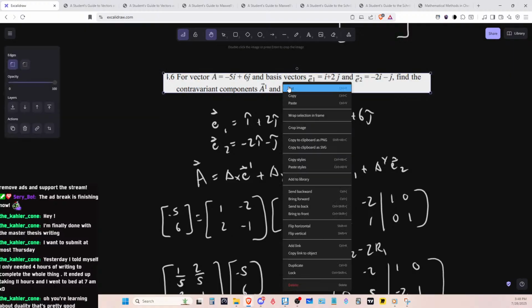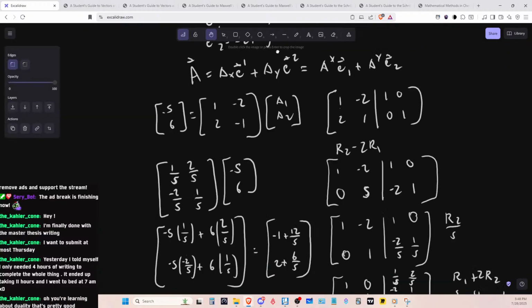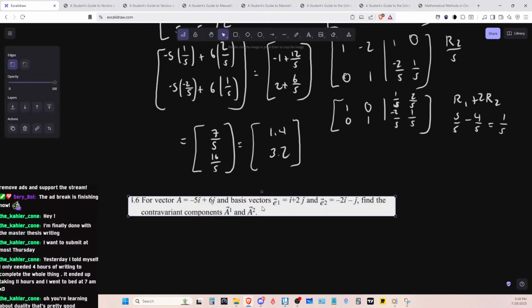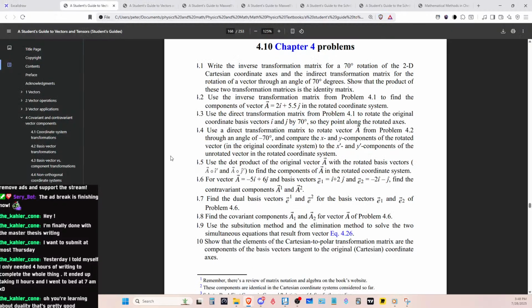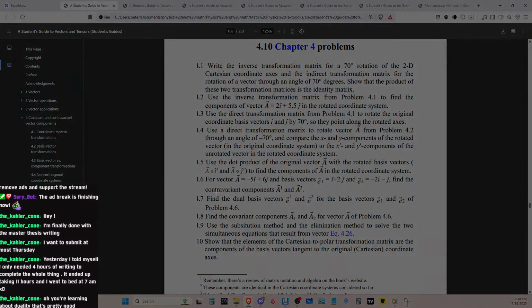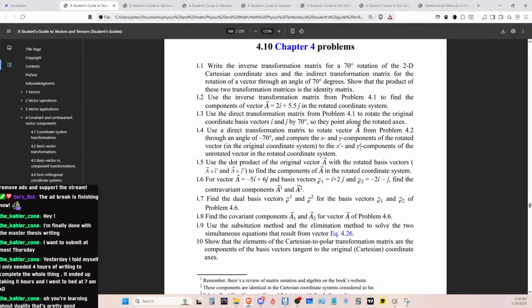Okay, so I'll copy this. I'll paste it down here, and then we'll copy this.